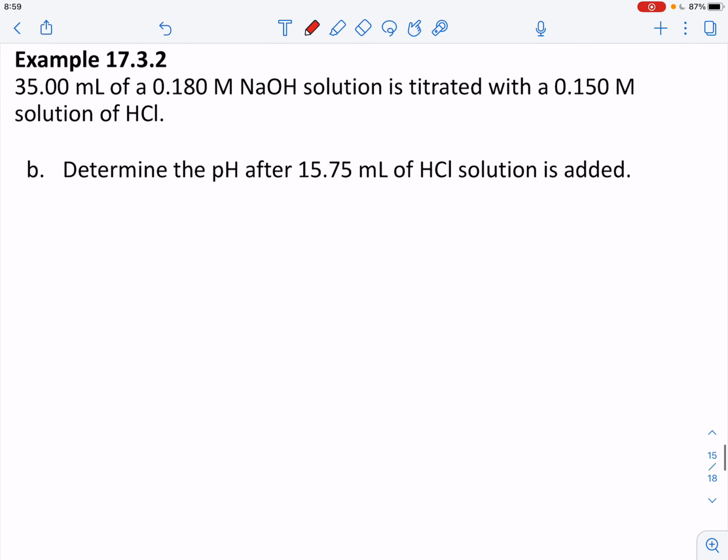Now once you have added 15.75 milliliters of HCl, first of all, the final volume is 35 plus 15.75, which is 50.75, so 0.05075 liters.